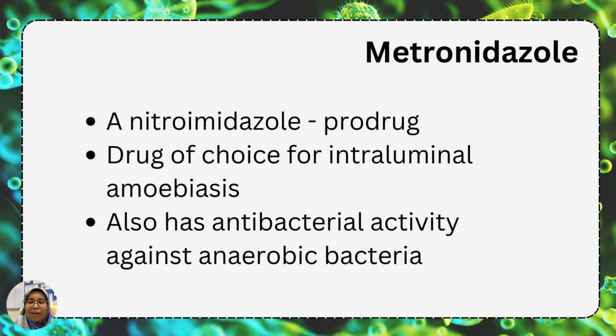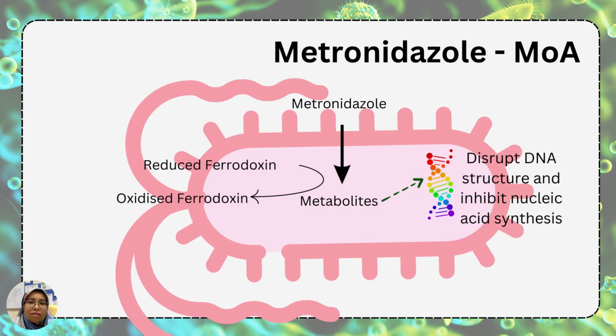Okay. Alright. So mechanism of action dia macam ni je. So metronidazole, of course lah bila you makan, dia akan pergi masuk dalam badan, anaerobic bacteria ataupun the amoeba lah, for example, or any of the protozoa. Okay, so metronidazole bila dia masuk, dia kena tukar kepada active metabolite sebab metronidazole tu is a prodrug, right?